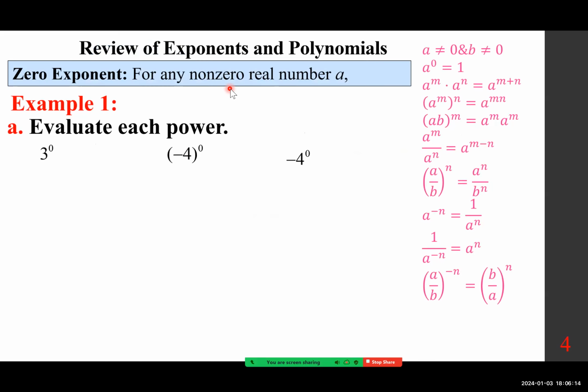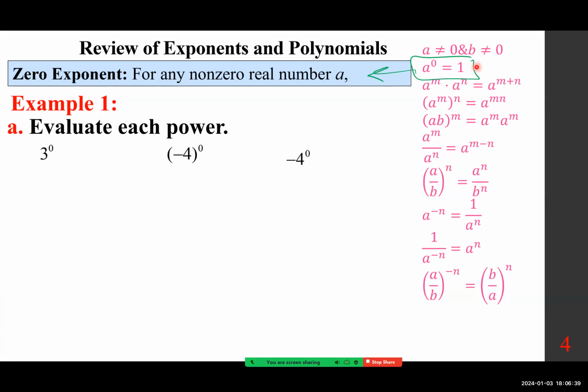Zero exponent. For any non-zero real number a, a to the power of 0 is 1. So this is the one we are referring to, everybody. Now, I am reminding you of all the exponential rules.